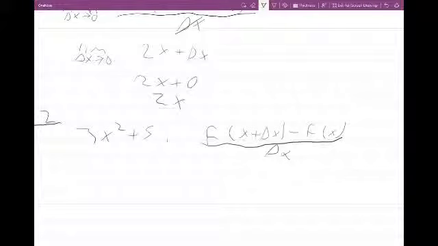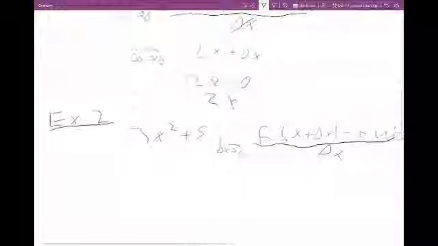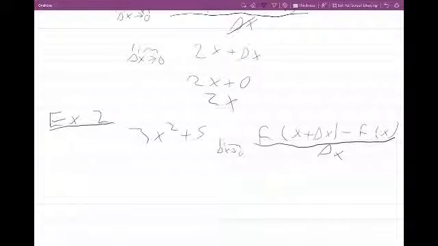That's the limit as delta x approaches 0.